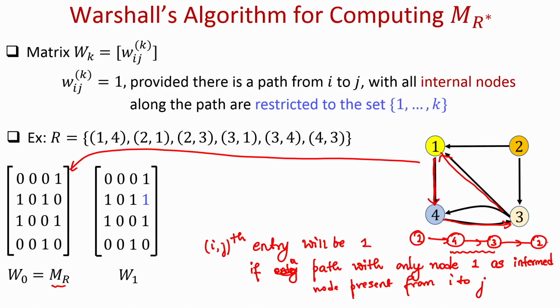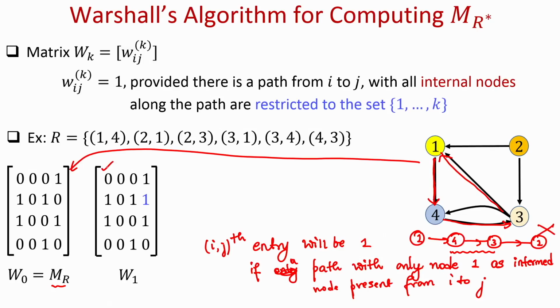This will be considered a valid path when the possible intermediate nodes are nodes 1, 2, 3, 4, namely when you consider the matrix W4. But right now, with respect to the matrix W1, this is not a valid path, this is not allowed here. So, that is why 1 comma 1 is 0.